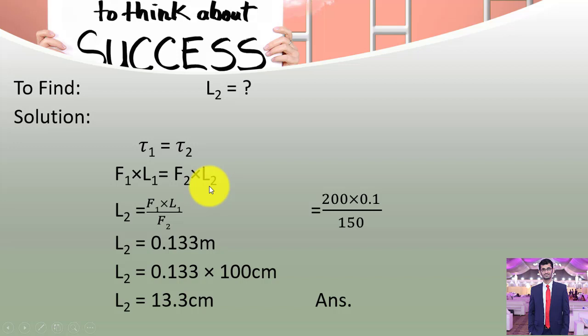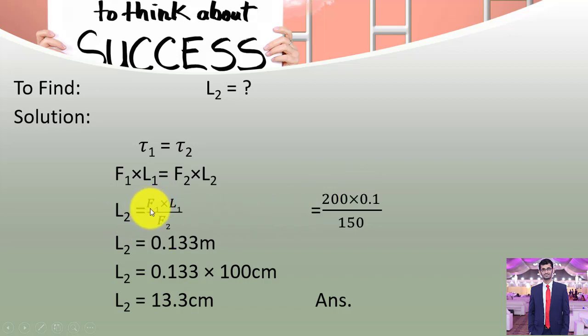Now dear students, by cross multiplication this equation becomes L2 is equal to F1 into L1, and F2 being divided on the other side of equation, we get L2 is equal to F1 into L1 divided by F2.